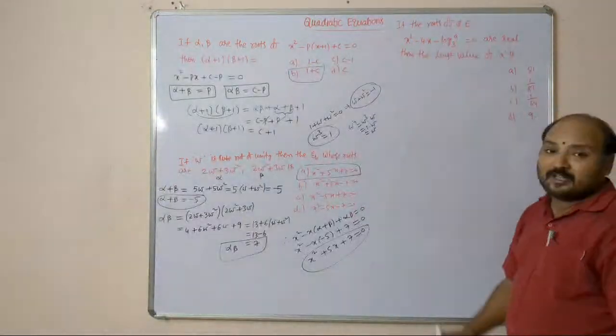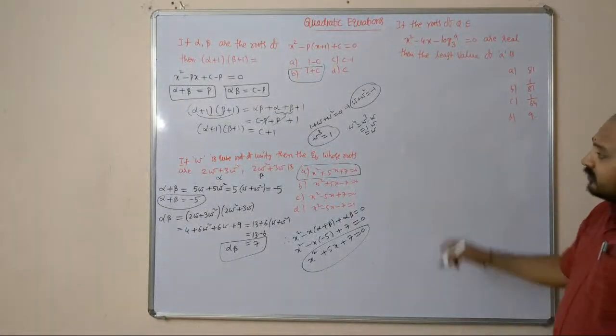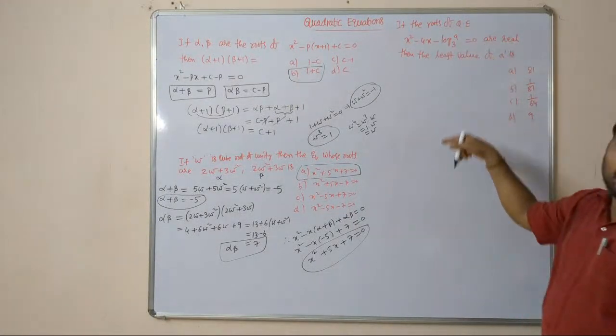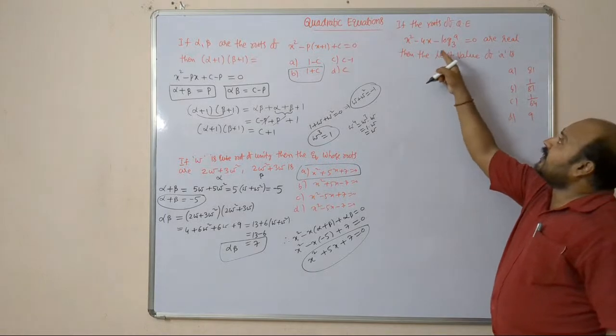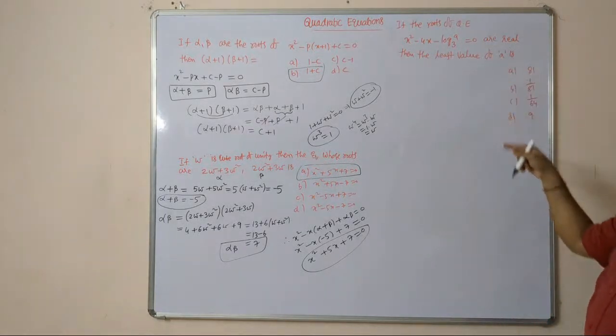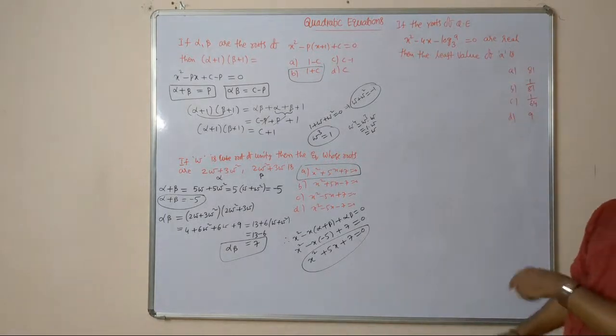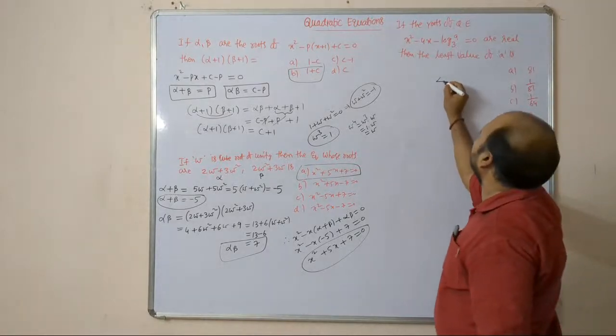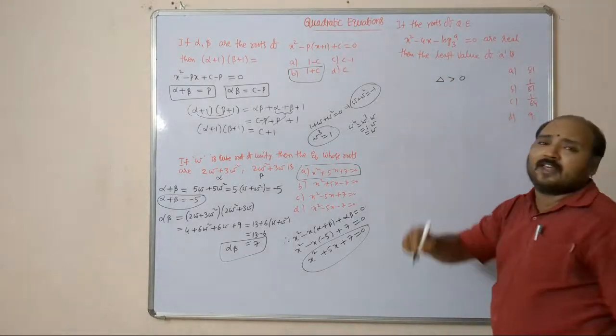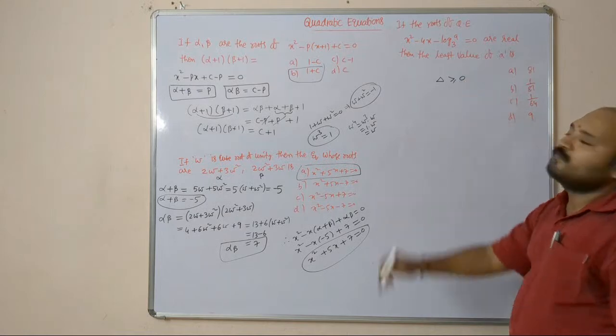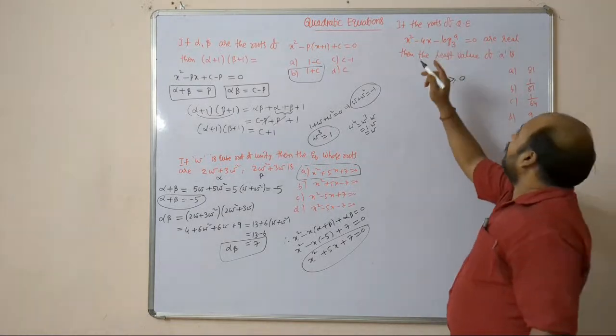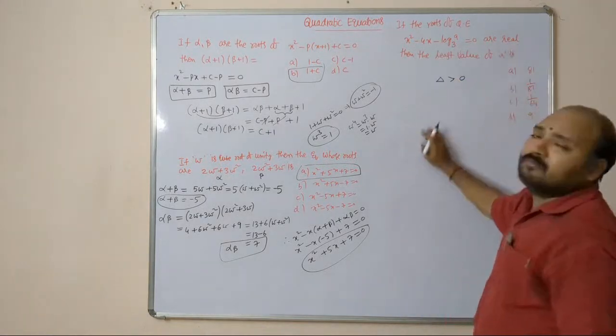I will move to another question here. If the roots of the quadratic equation x square minus 4x minus log a to the base 3 equal to 0 are real. When the roots are real, the discriminant is greater than or equal to 0. So now, only the value is greater than 0.